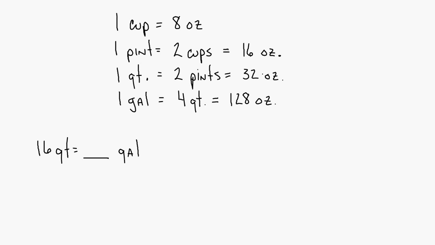Smaller to larger, you divide. So 16 quarts divided by, well, there's 4 quarts in a gallon, isn't there? So you divide it by 4, and that's going to be 4 gallons. 16 quarts is 4 gallons. It's okay to use that calculator on the big math problems.